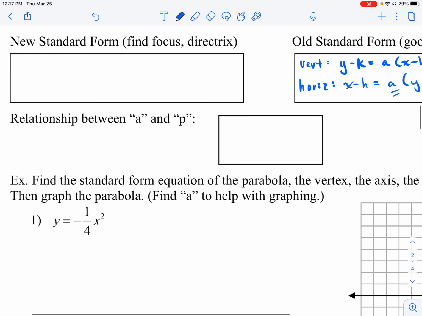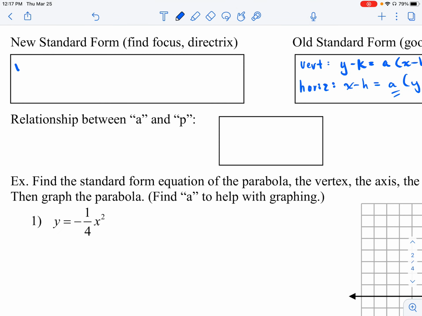In the context of conic sections, we then write it as the following. When it's vertical, we say x minus h squared is equal to 4 times, again, our p-value, which represents our distance from our vertex to our focus, times y minus k.